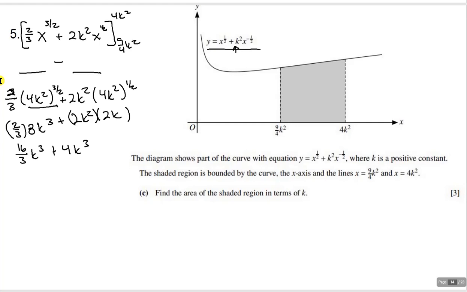And so I end up with 16/3 k to the 3rd. When I add those together, I get 28/3 k to the 3rd. Now, all I've done is plugged in this 4k squared. Now, I'm going to put it up here so I don't forget.